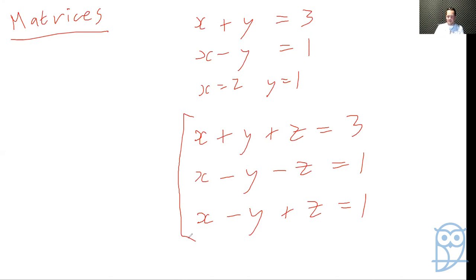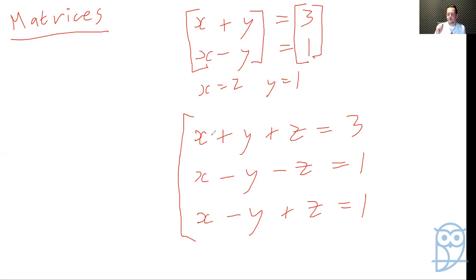So matrices is something that's very interesting because it actually kind of compresses all of the complication and all of the excess fluff that you have. And you literally look at just the coefficients that you're going to be dealing with. So in this, we have the equation side and we have the answer side.